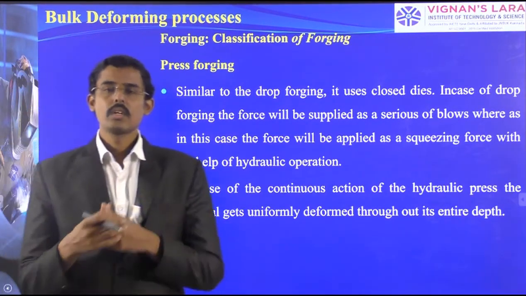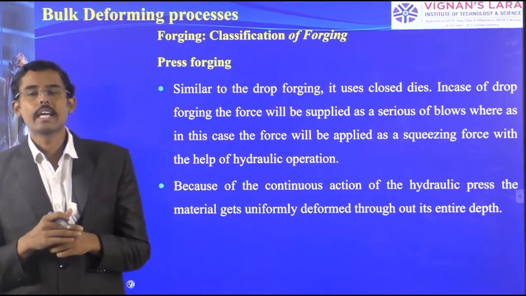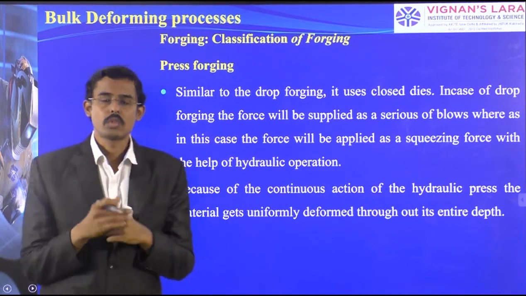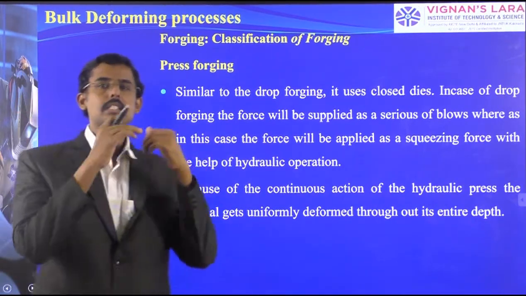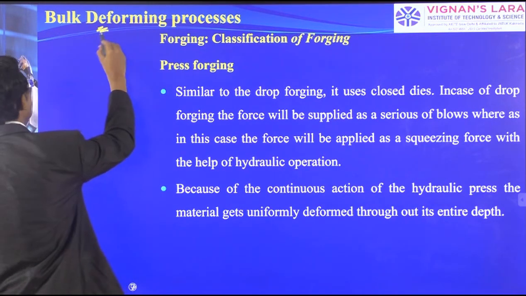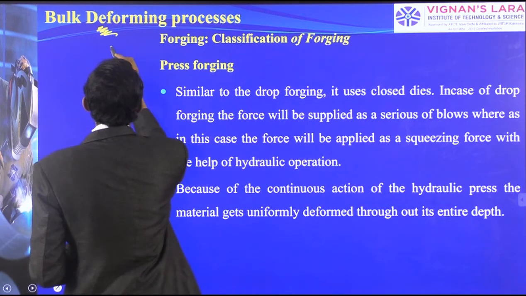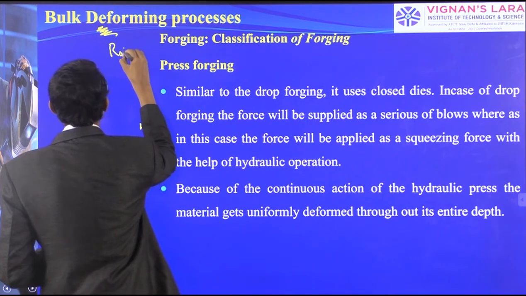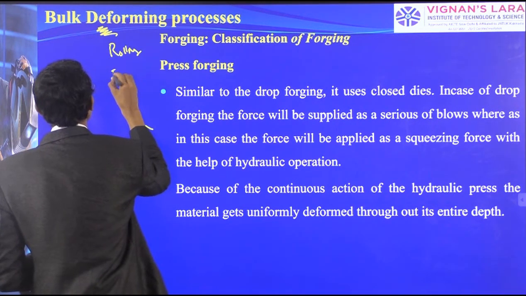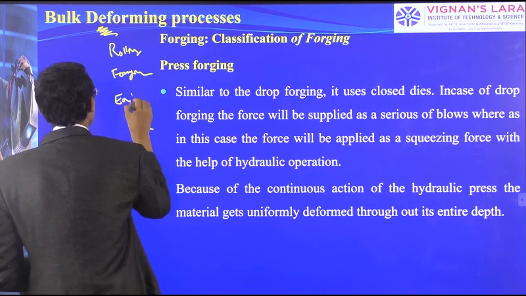In today's class we are going to talk about the types of forging processes and types of extrusion processes. In the previous class, in the bulk deformation process, we saw the types of rolling, types of forging and types of extrusion.